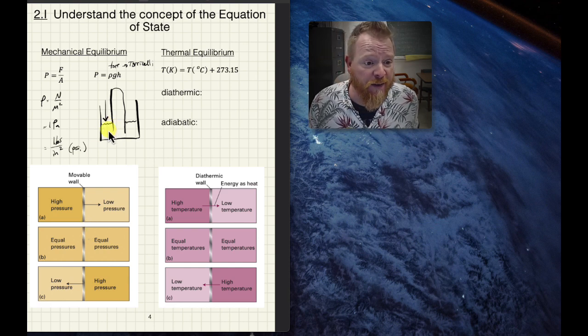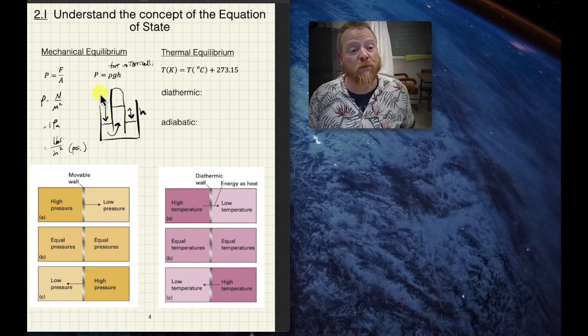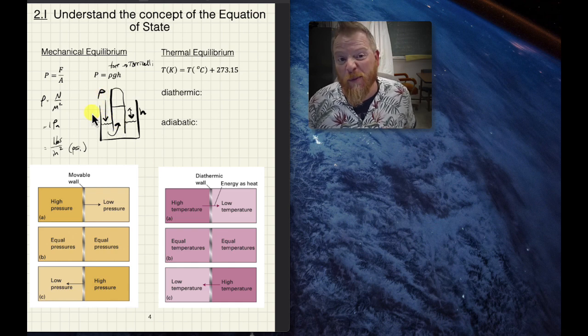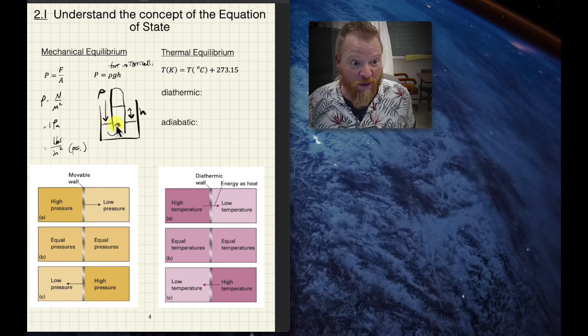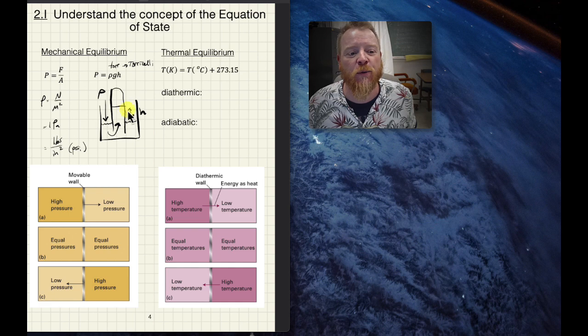So then this liquid will now rise in this column to a certain height based on however much pressure, or really how much force over a given area is pushing on that liquid. So once these two things are in equilibrium, this liquid will always exist at a certain height.